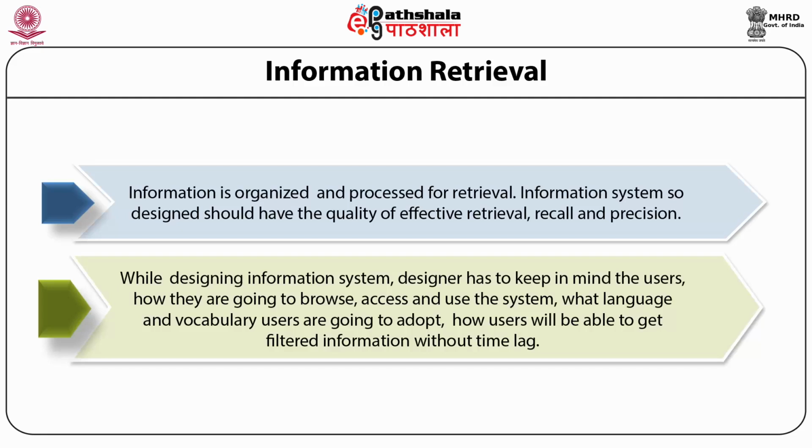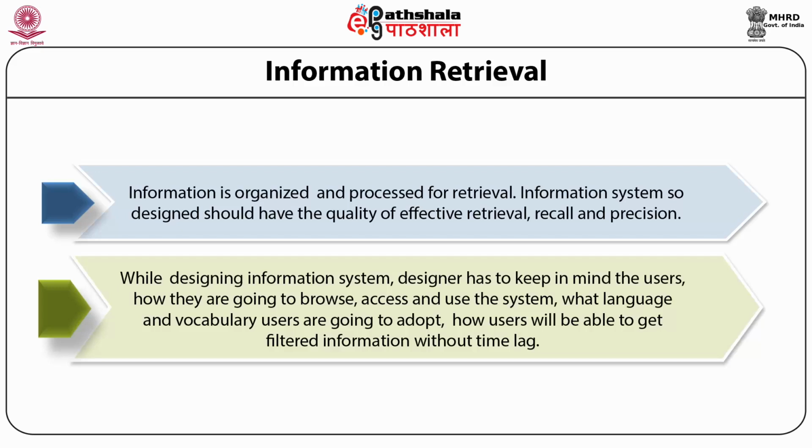So if it is going to be a system for scientists, the preference should be given to scientific terms. If the system has been designed for the general public, then general vocabulary or terminology should be used.